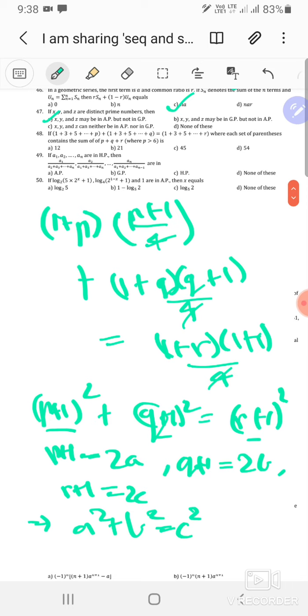So which of these options could be a possible sum of p plus q plus r? You could have a, b, c being 3, 4 and 5. In that case, the sum would be 3 plus 4, 7, plus 5, which is 12, but 2 times that is 24, and that's not in the options clearly. Okay, so what else could happen is that a, b and c could be 2 times that, so it can be 6, 8 and 10.